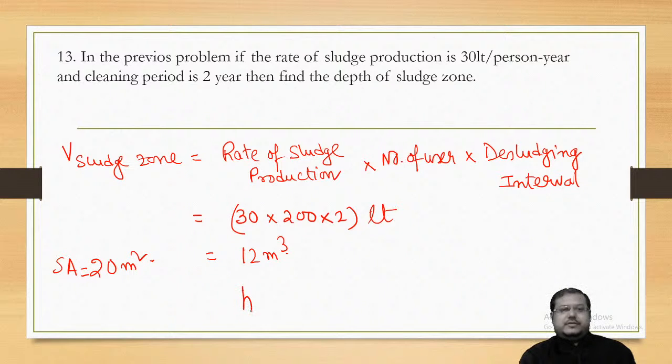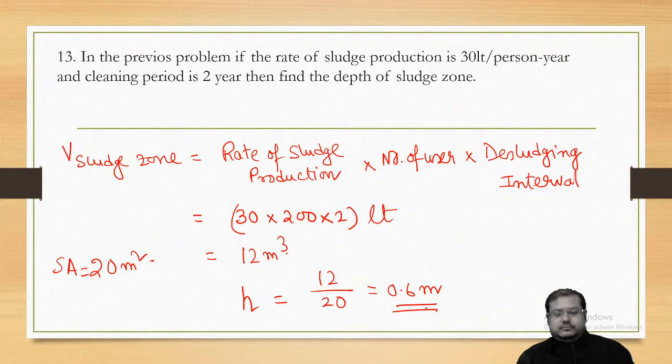So the depth of sludge, small h, will be 12 by 20, which is 0.6 meter. Clear?